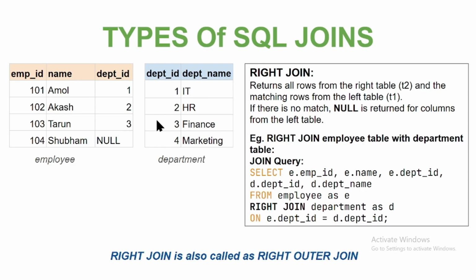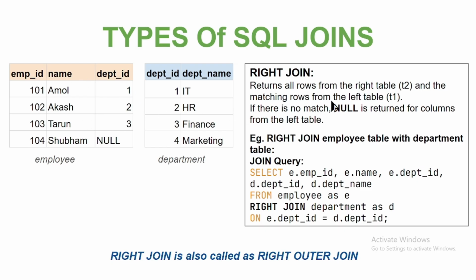All rows will come from the right table, like these 4 rows, and against them whatever matching values are there in the left table, like department IDs 1, 2, 3, those will come. If you observe department ID 4, it won't have any employees in the employee table. So against 4, Marketing department name, null will come instead of the employee ID, name and department.